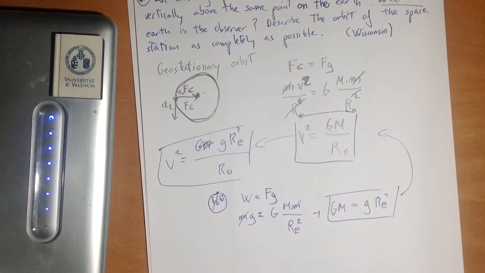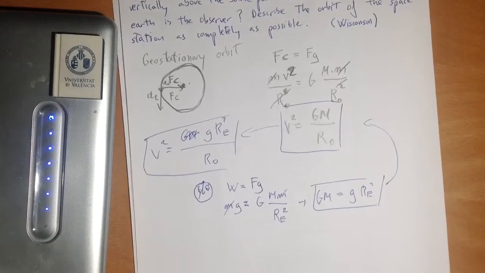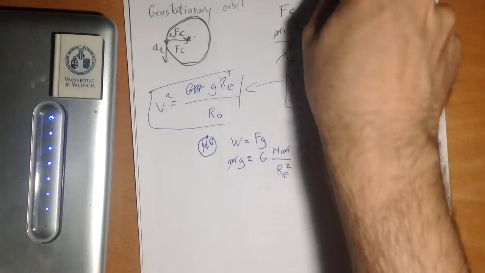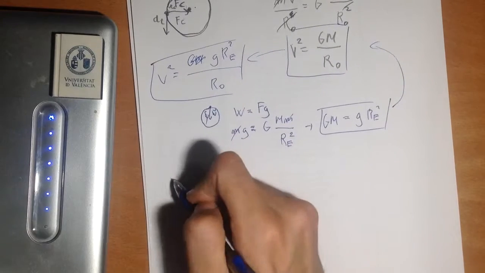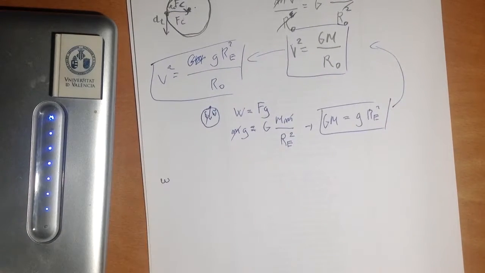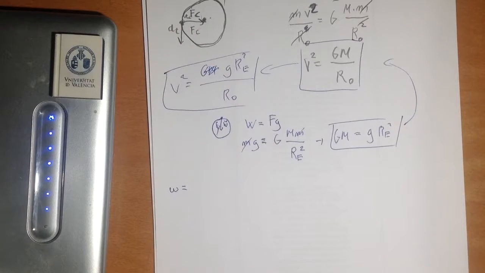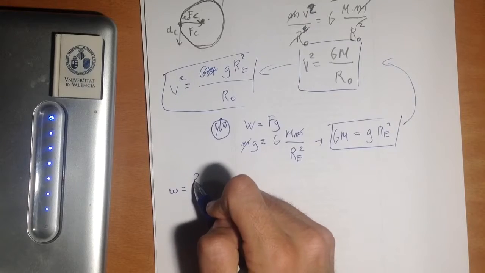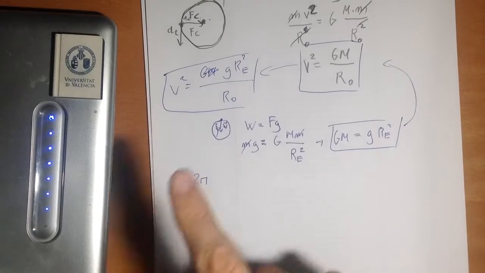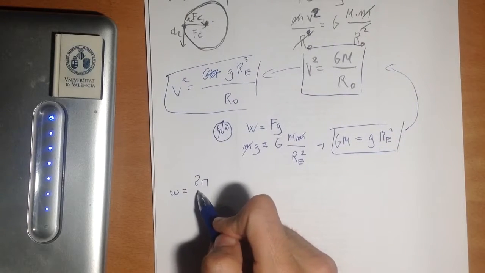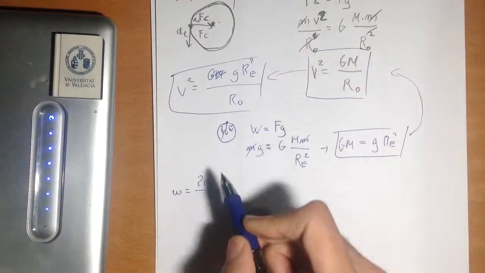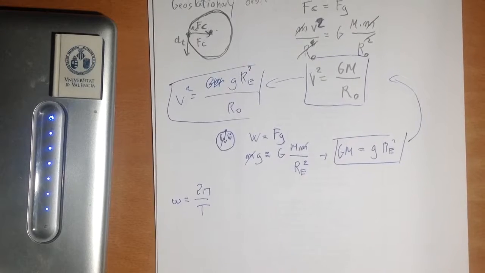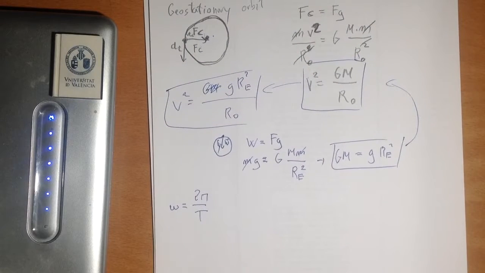Well, we want to go even further. What could we do more? Let's think about the orbital period. But for that, let's think about the angular velocity. The angular velocity is defined as a complete turn per the time spent doing it.